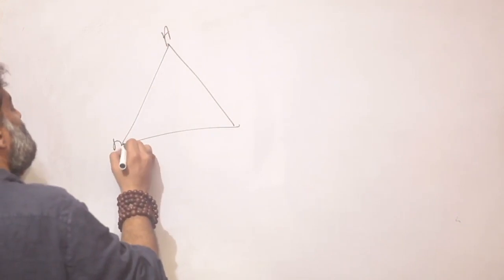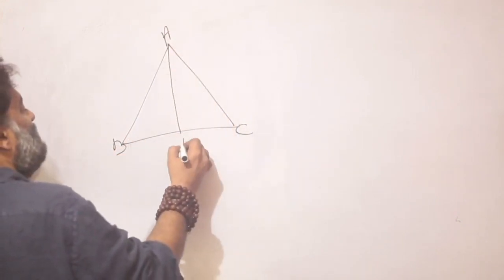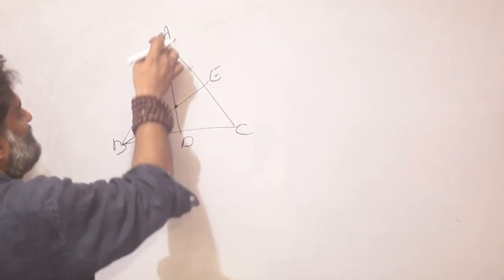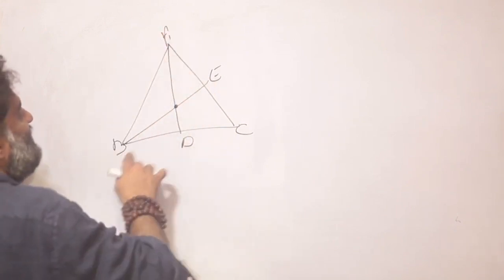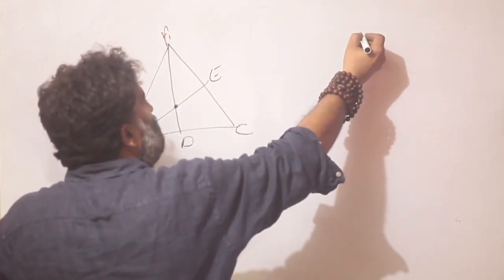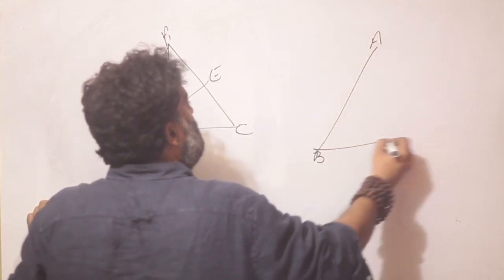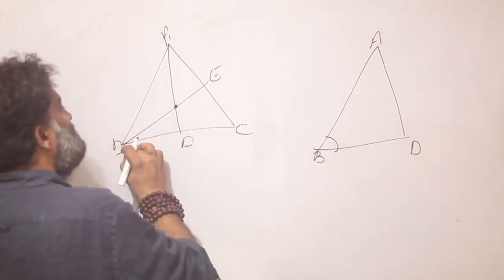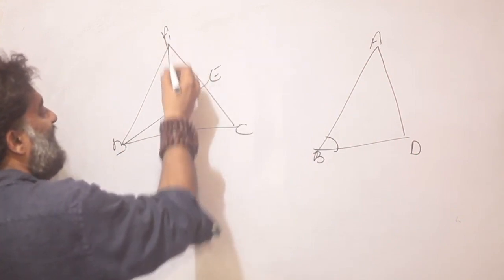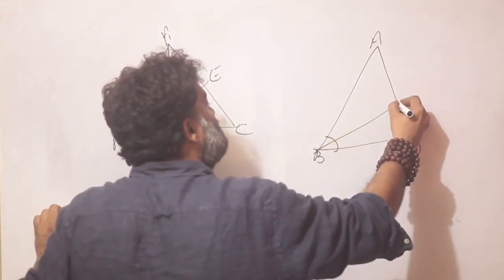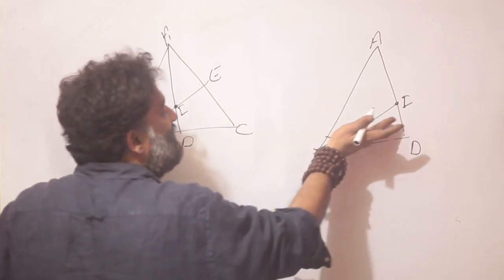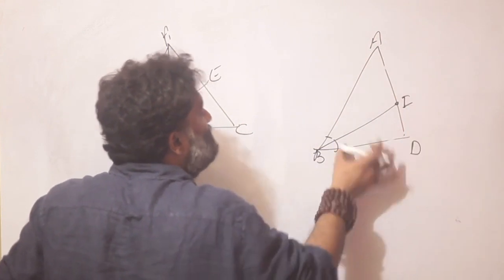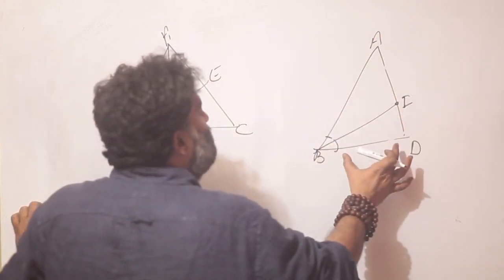You have A, B, C, and you have D, and you also have E. So now I'm going to just focus on this part of the triangle, A, B, D. So I look at a new triangle, A, B, D. And now I know this line BE, which intersects AD at point I, that means this is point I. This is an angle bisector, and this angle bisector is going to divide this side in the ratio of these two sides. That means I have to figure out what AD is.